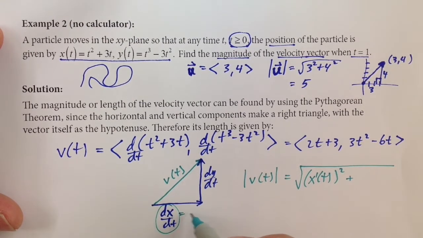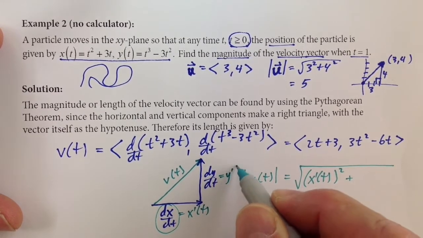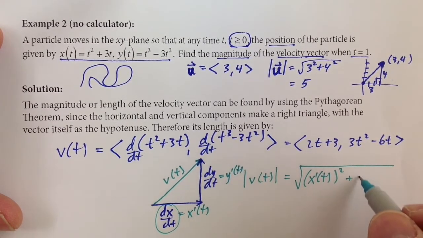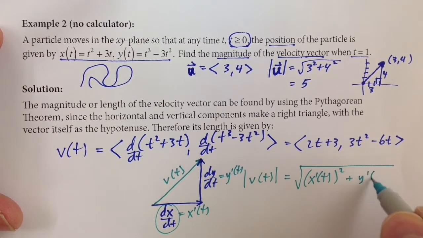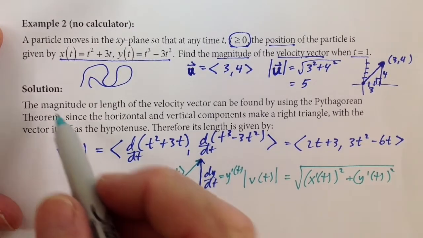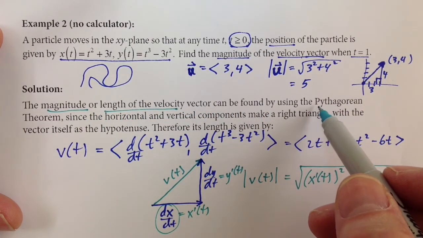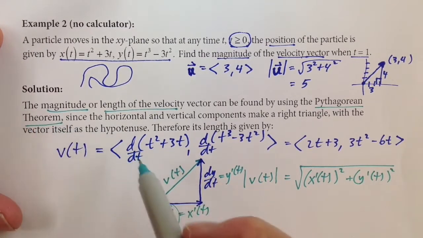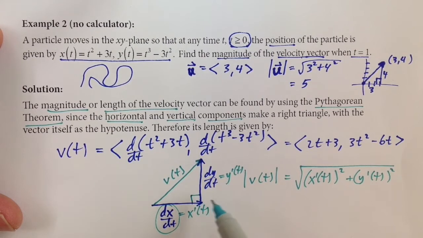So this is x prime of t, and this is y prime of t. I just don't like to write the fractions underneath the radicals. So I have y prime of t squared. I'm just using the Pythagorean theorem. The magnitude or length of the velocity vector can be found by using the Pythagorean theorem, since the horizontal and vertical components make a right triangle with the vector itself as the hypotenuse. Therefore, its length is given by this.